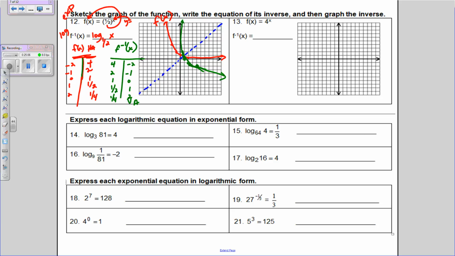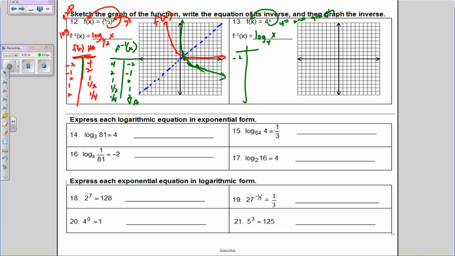All right, so when we do the next one, this one's going to be increasing. We still want to turn it to a log because that's its inverse. So if we start at the base and go around, its inverse is log base 4 of x. So put this in y equal in the calculator and then do second graph to look at the table to get your ordered pairs.